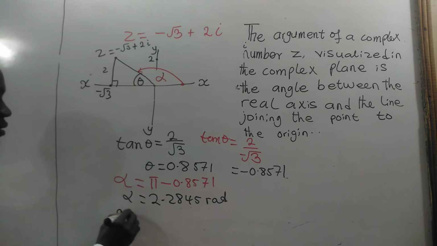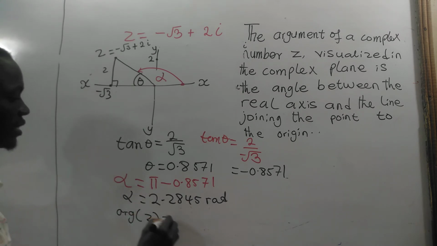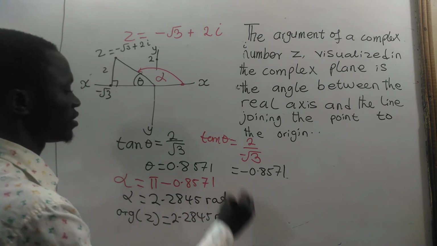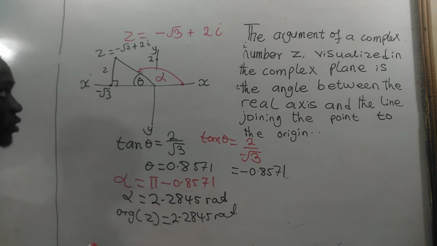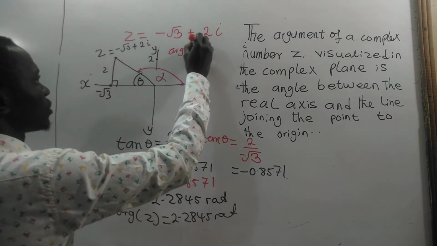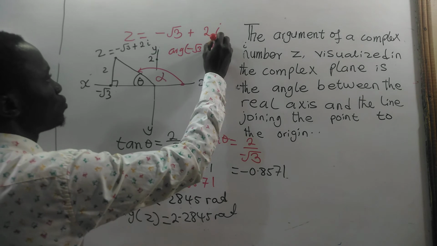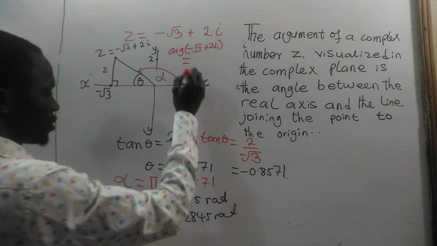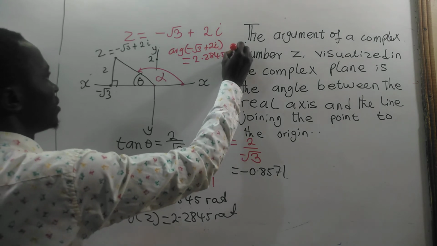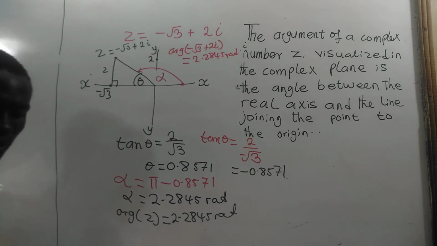Hence, the argument of z is equal to 2.2845 in radians. Or you can write it as the argument of minus root 3 plus 2i is equal to 2.2845 in radians. Very simple as that.